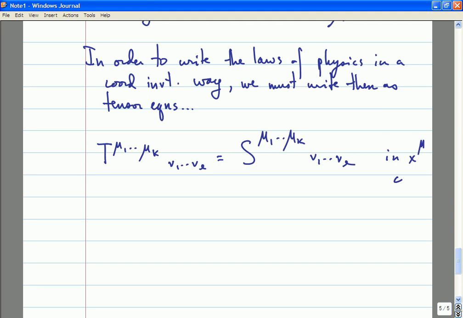I don't know, so the right-hand side could be some version of Maxwell's equations, and the left-hand side could be some version of the charge and the current density. So what does this look like in another coordinate system?